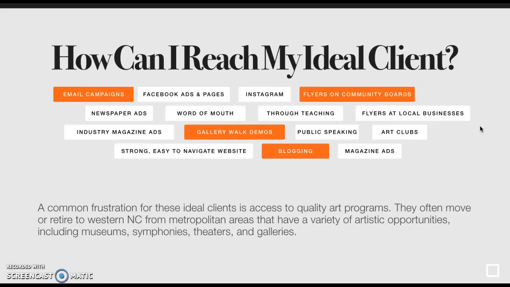I'd like to keep a blog there. And then finally, adding classic magazine ads, you know, the Laurel of Asheville, some Bold Life magazine, some of these smaller regional magazines would be a good way to meet ideal clients. And then I would say a common frustration for these ideal clients is access to quality art programs.